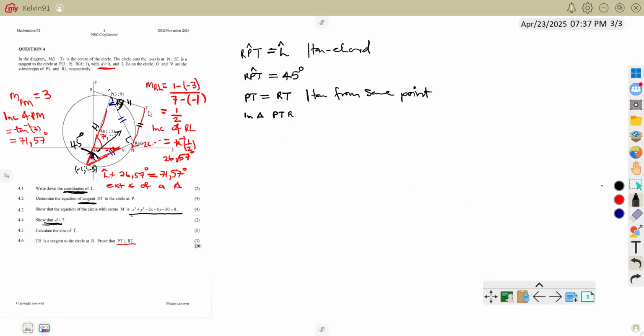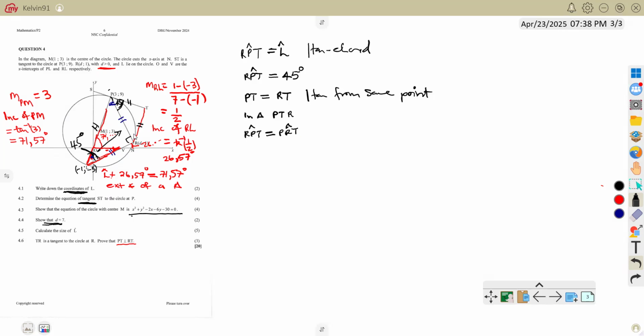So we can easily see that the angle RPT must be equal to the angle PRT. Why?